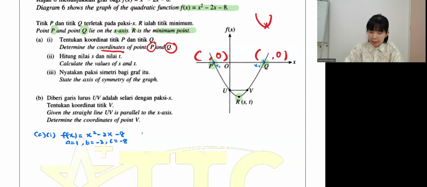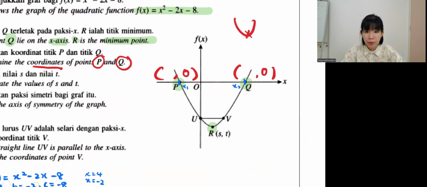Do you get the first answer 4, then the second answer -2? This question is only 2 marks. If you can tell the coordinate of P and the coordinate of Q, you get 2 marks already. So for this 4 and -2, make sure you label it correctly.